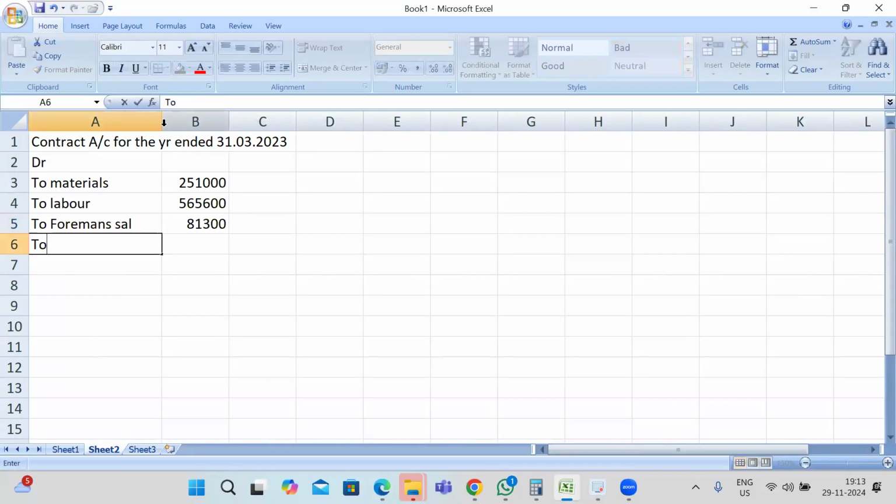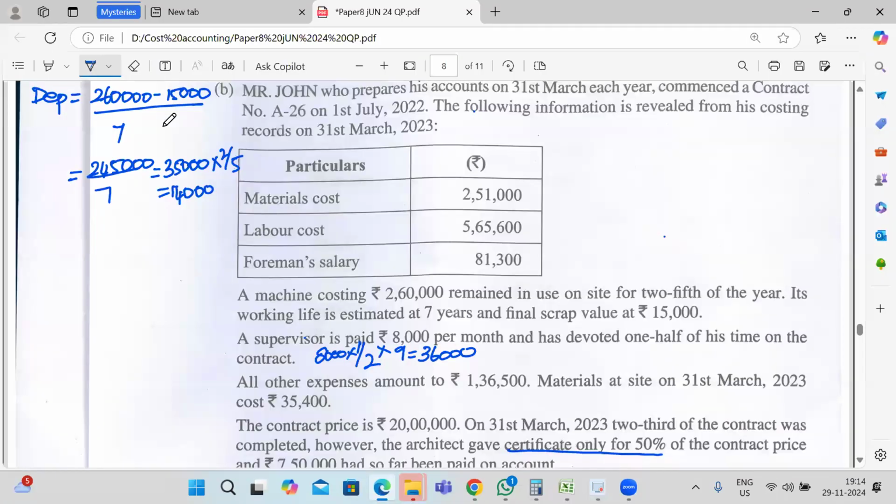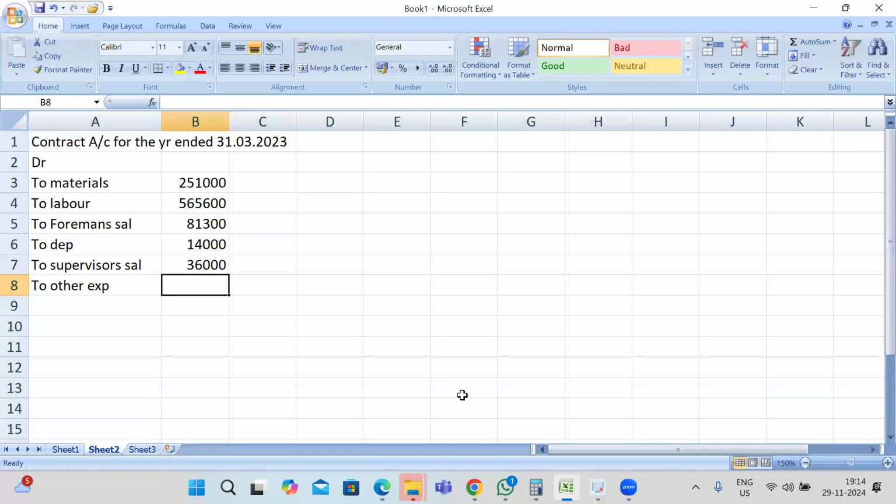Then we have already calculated depreciation, that is depreciation of machinery 14,000. Supervisor's salary, that is 36,000. Then we had other expenses, around 1,36,500.